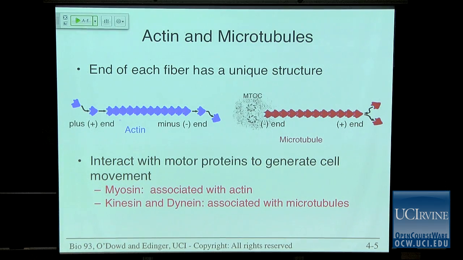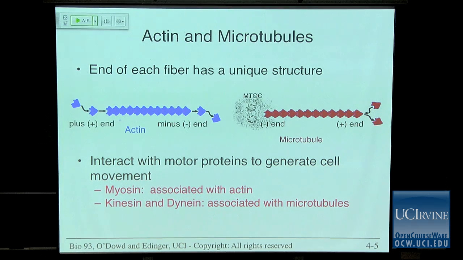But in microtubules, the minus end is most often anchored in a particular region, here in the microtubule organizing center, the MTOC. And the majority of addition and subtraction of the tubulin subunits to make this grow and shrink occurs at the plus end. So actin is growing by adding at the plus end, removing at the minus end. Here we're growing by adding at the plus end, and we're shrinking by subtracting at the plus end as well.